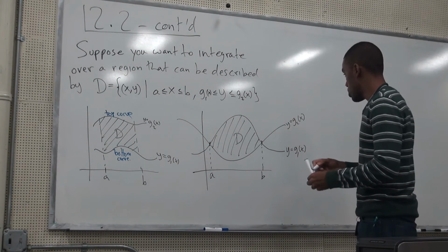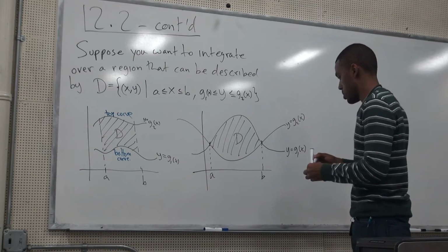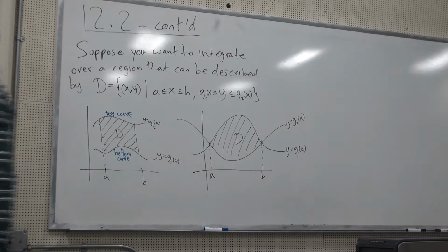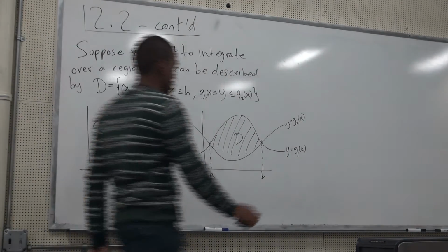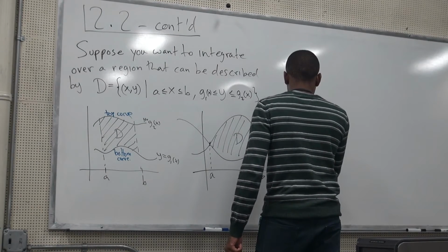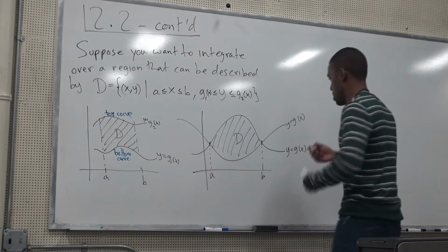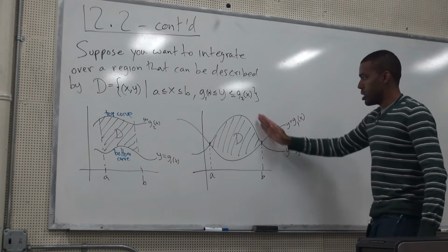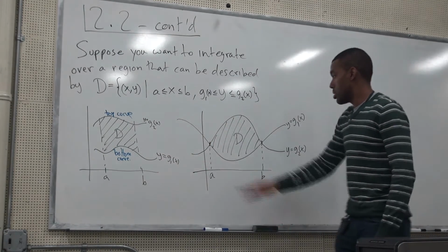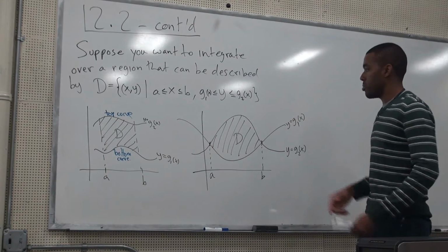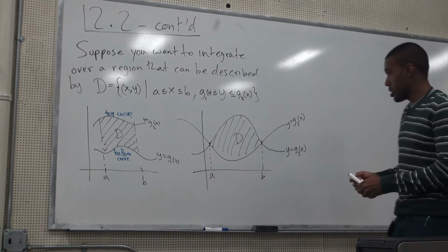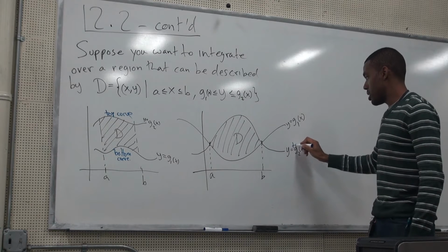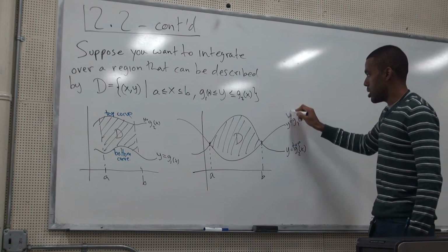Well, here I'm using g2 to be the top function, so it's the other way around. It's g1, that's g2, right? Because this curve, as you can see, is the top. The other curve here is the bottom. So clearly here you can see that this guy is the top curve, that guy is the bottom curve.